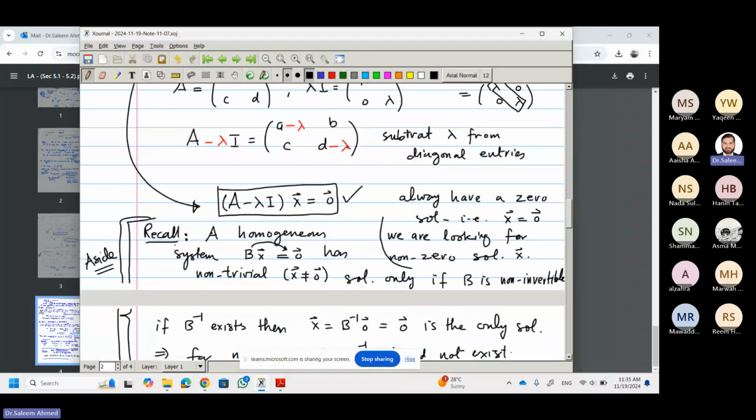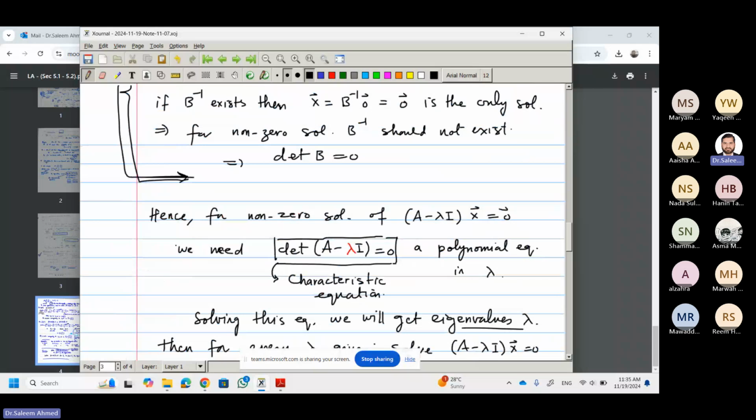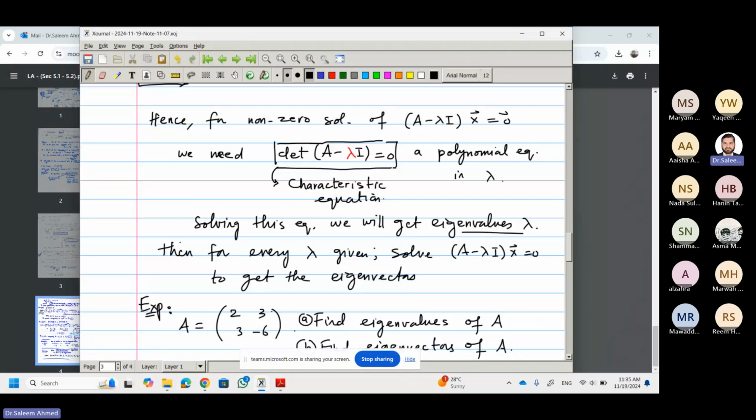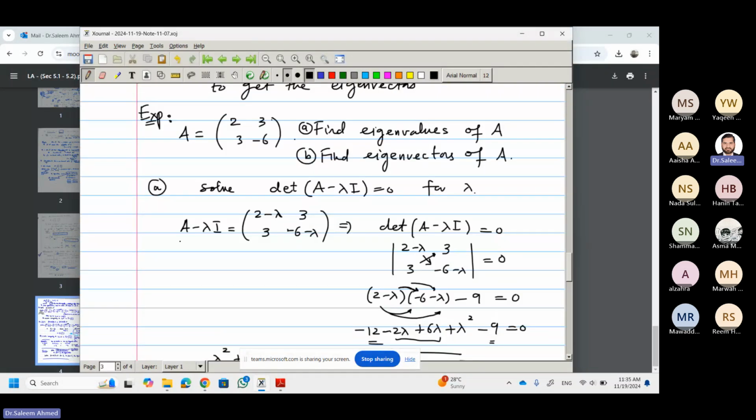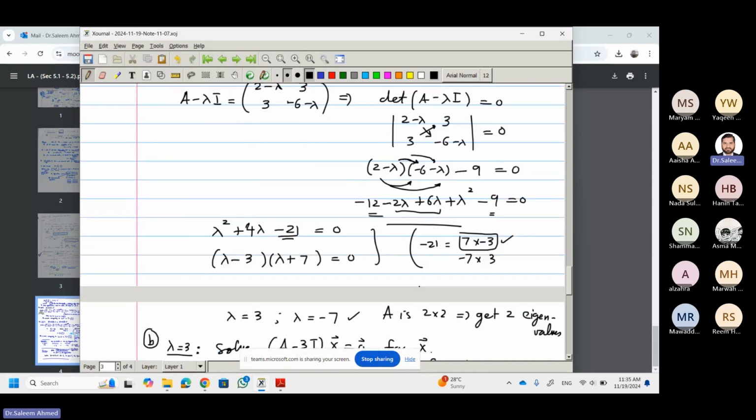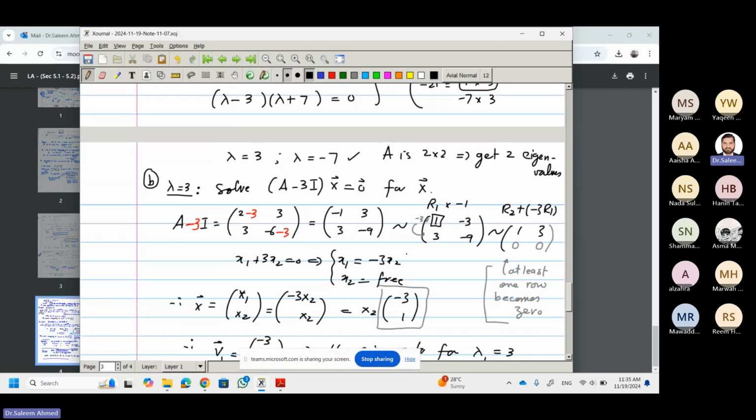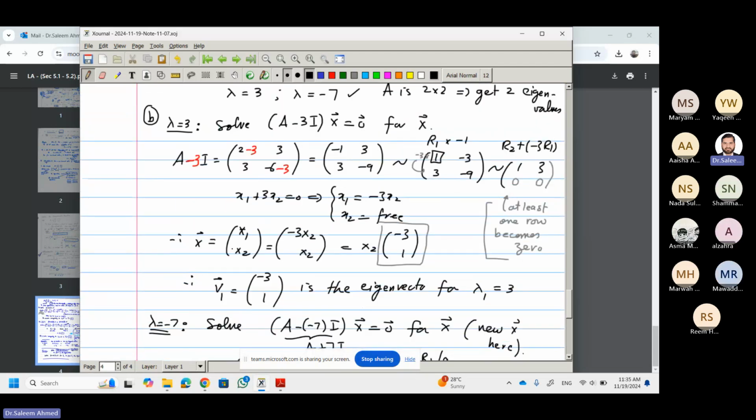Whenever you have to find the eigenvalues and eigenvectors, you have to follow this example. For eigenvalues, you will directly solve the characteristic equation, which is a polynomial equation. And once you get the eigenvalues, then for each eigenvalue, you will solve this homogeneous linear system. Solving this homogeneous linear system will give you the eigenvectors.